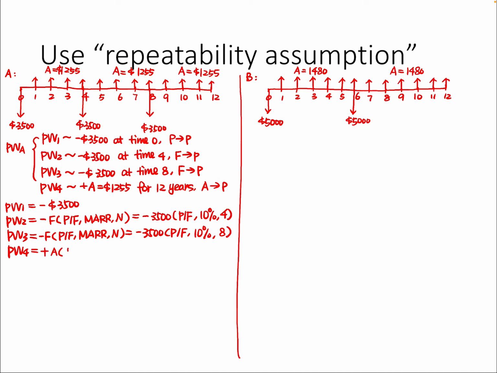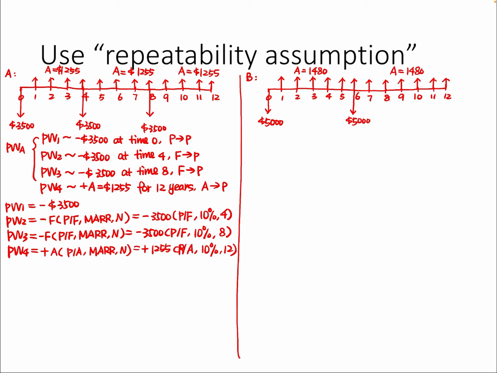PW4 is positive A P/A MARR N. Positive 1255 P/A 10% 12.